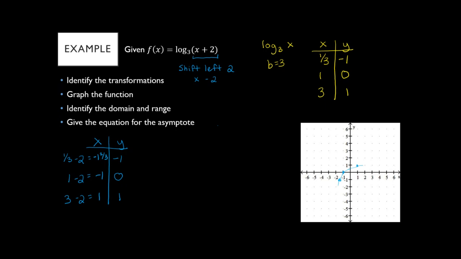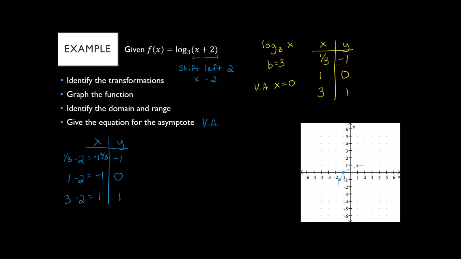So for our base graph, our vertical asymptote is x equals 0. Since our transformation is occurring to x, our transformation also occurs for the vertical asymptote. So we subtracted 2 from all of our x values, so we're subtracting 2 from the vertical asymptote as well.